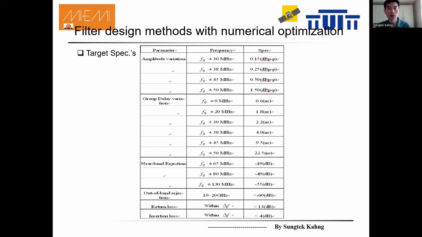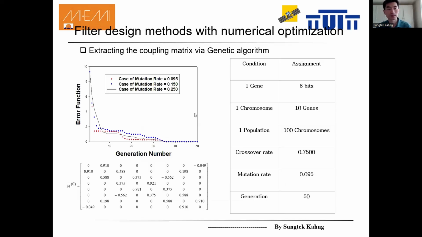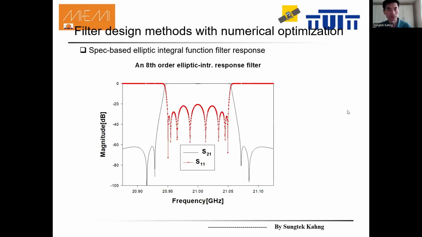To find the circuits or values of the circuits, you need a complex transfer function. I published several papers dealing with optimization methods helping the filter designs. Eighth order filter for Ka band satellite communication back then.